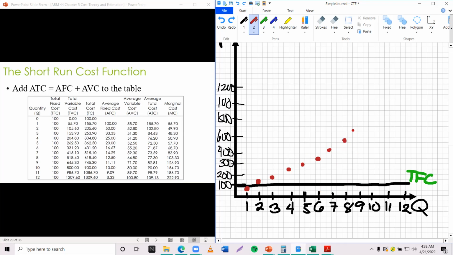At 9, 645. At 10 would be 800. 11 would be at 980. Let's say, for example, it is here. It lacks a 0, no?